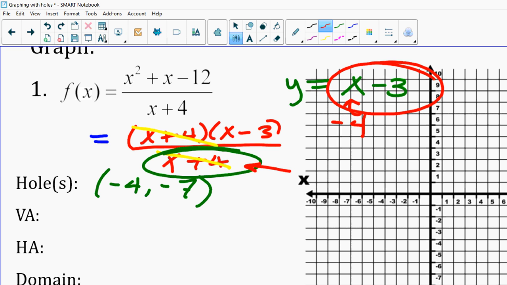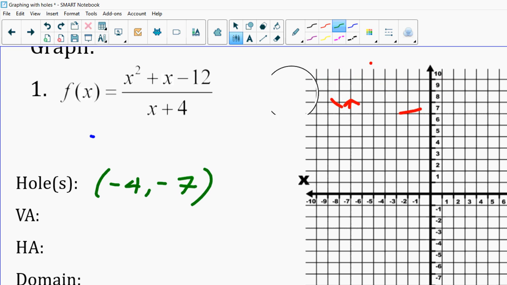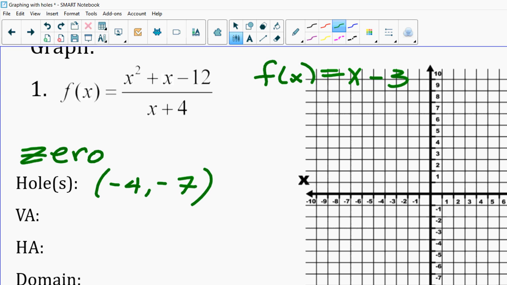Now, let's talk about the rest of the stuff. This was -7, don't lose that. Now, let me neaten this up just a little bit. So we had f of x equals x minus 3, right? Now, let's go get our zeros. So we're going to do just what we've been doing.